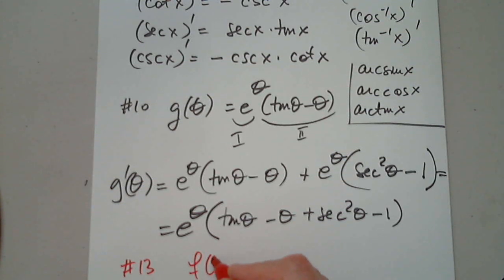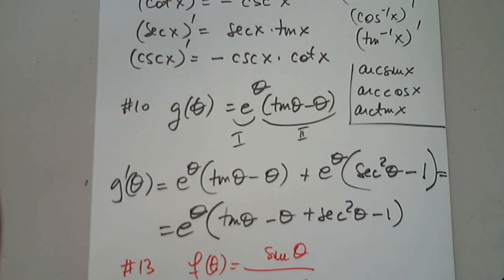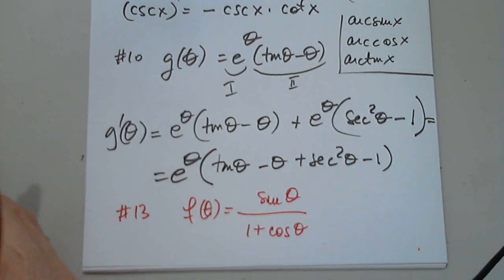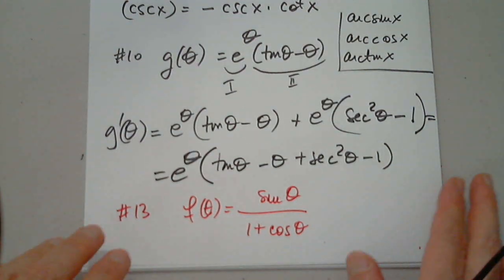So 13 is f of theta equals sine theta over 1 plus cosine theta. Like with any function, we're asked to differentiate. We want to look and see if we can simplify it. Can we simplify it?